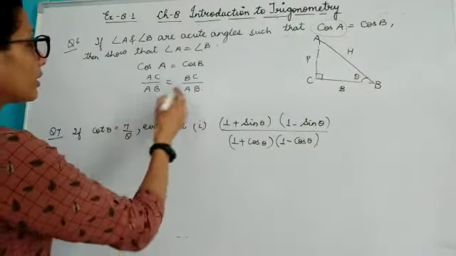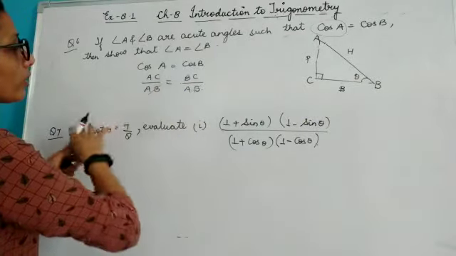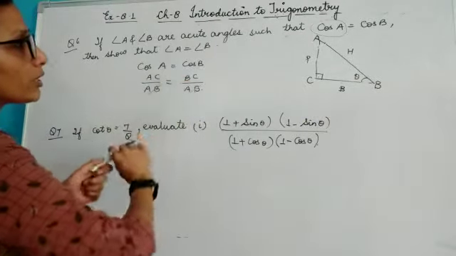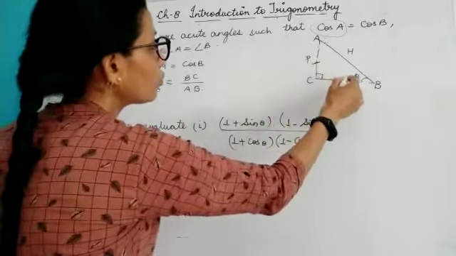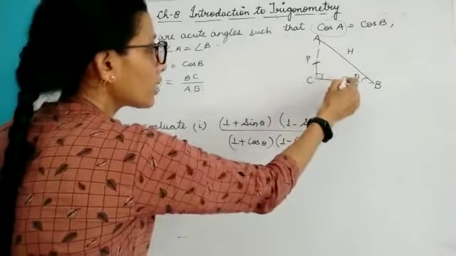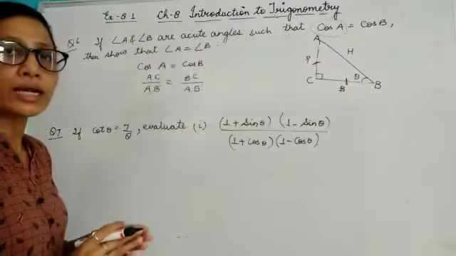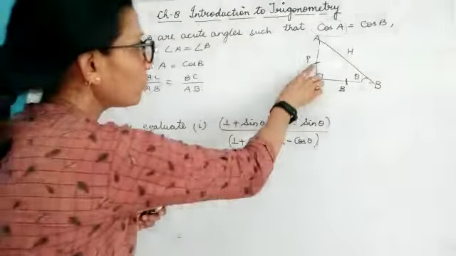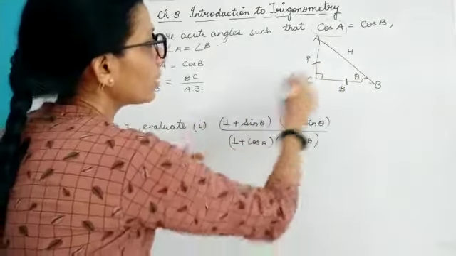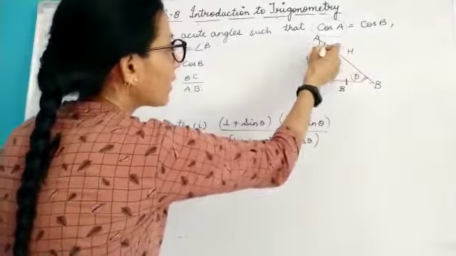Now here AB and AB are gone and AC equal to BC. That means this side is coming out to be this side. When two sides are equal, then it is an isosceles triangle. And you know, if these two sides are equal, then these two angles will again be equal.